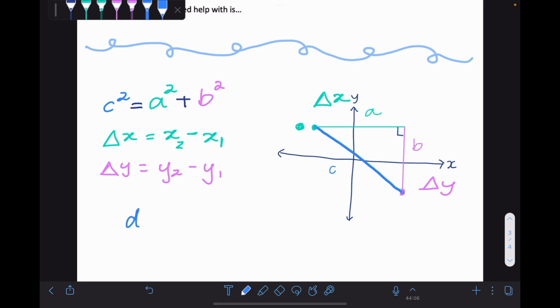Then I could write A, which I've said is the change in y, so I could write change in y squared, but I don't think I'll do that. Because I already know what the change in y could be, I might just write that straight away. So change in y, that's x2 minus x1.